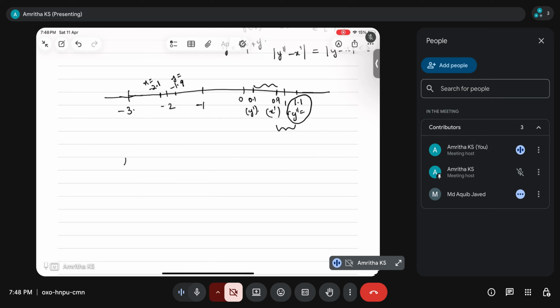F is defined on 0 1, continuous, but nowhere differentiable on 0 1. Nowhere differentiable.